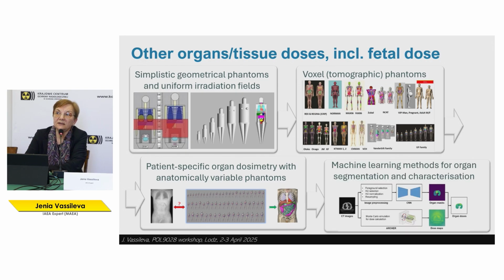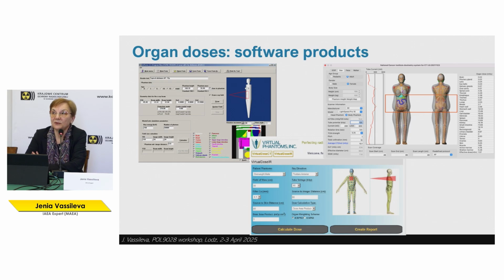The latest developments are on using AI, also machine learning approaches, because the most difficult part here is fast organ segmentation, to be able to then make a Monte Carlo calculation and calculate organ doses. I used to ask the researchers working on this, are we close to the point when we can have almost real-time organ dosimetry? And we are almost there. In fact, it's possible, and it might be possible in the near future.